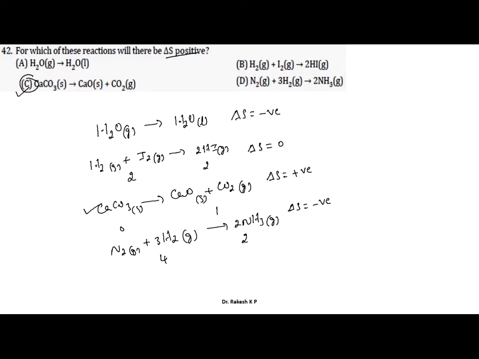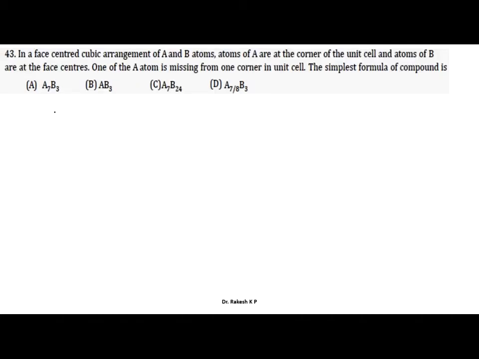Okay, next question here. In an FCC arrangement of A and B atoms, atoms of A are at the corners of the unit cell and the atoms of B are at the face centers. One of the A atoms is missing from one corner in the unit cell. The simplest formula of the compound is? Okay, just go to this one.